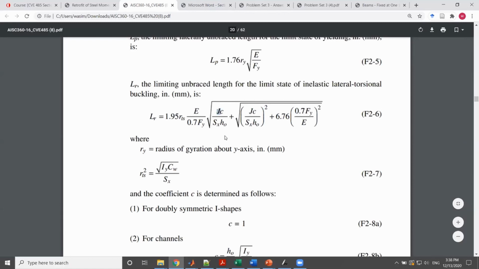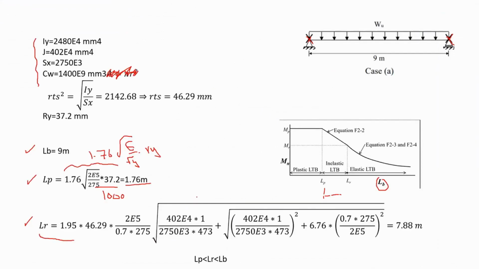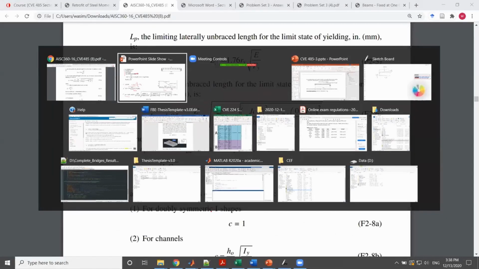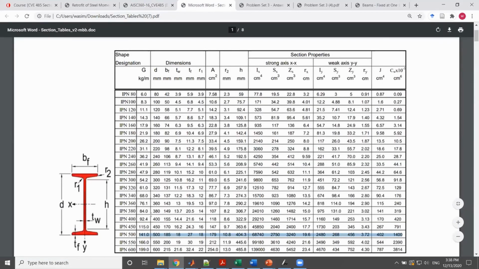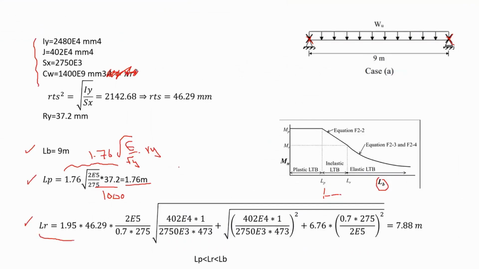What about J? All right, let's see. J is actually going to be taken from the section tables. So J for IPN 500, what is that? Okay, in here, 402, converted to millimeters, it would become 402 times 10 to the power of 4.